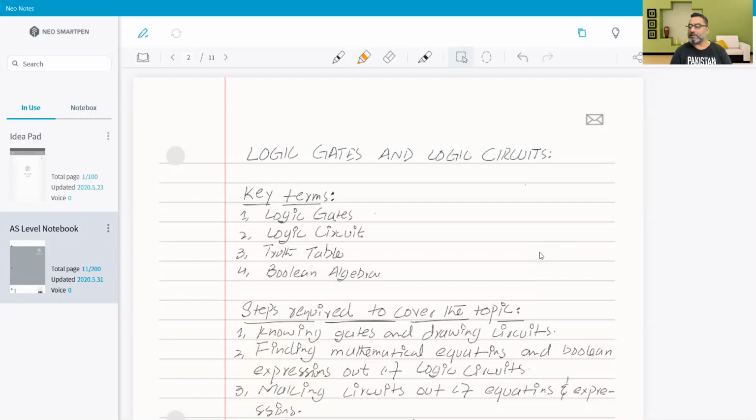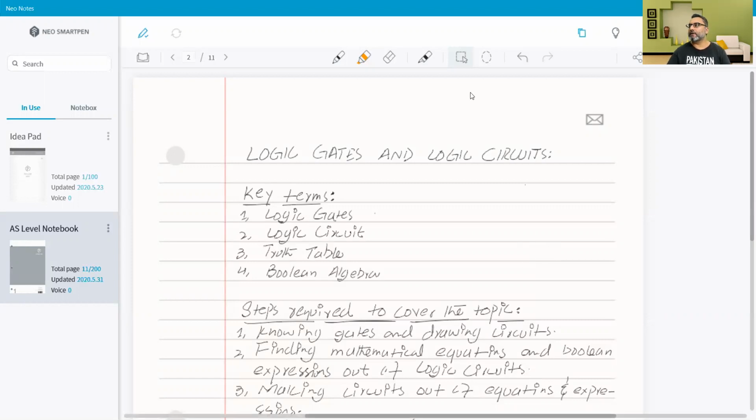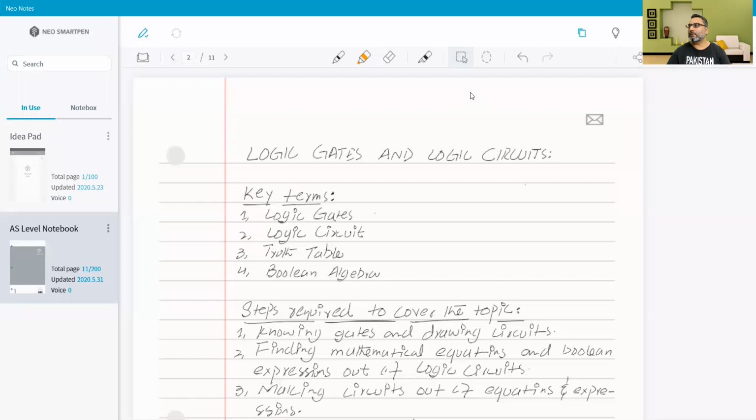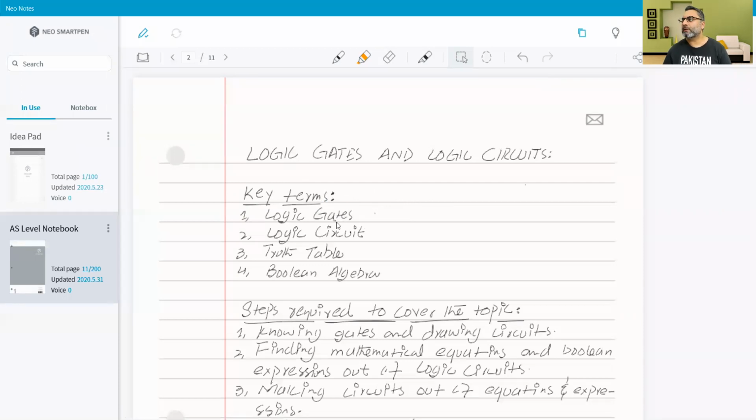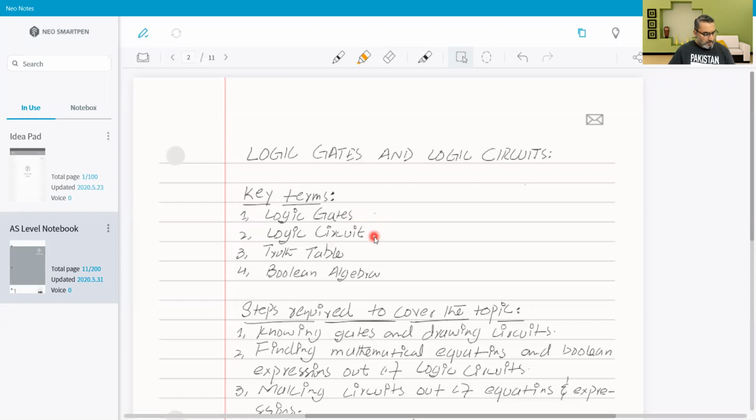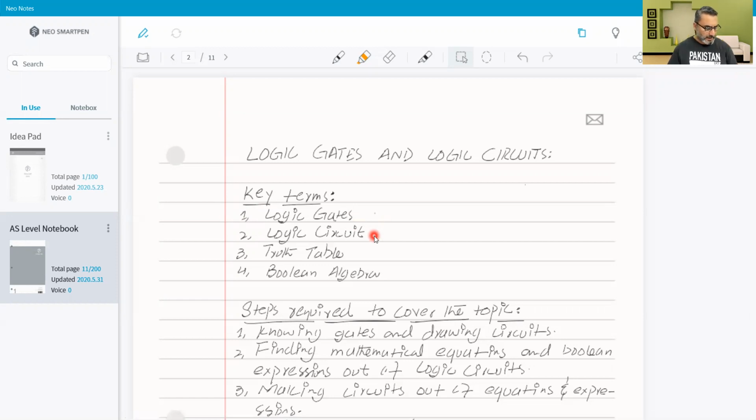Second one is logic circuits. Logic circuits are formed from a combination of logic gates and designed to carry out a particular task.